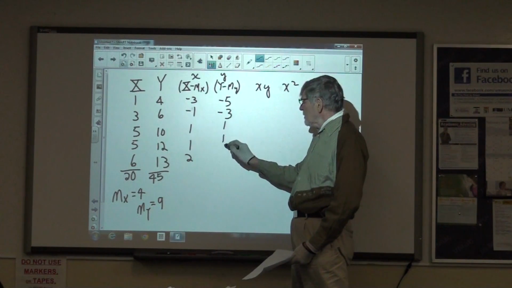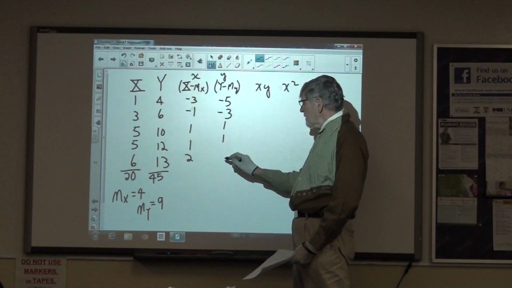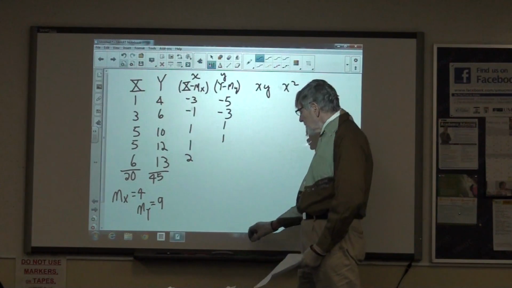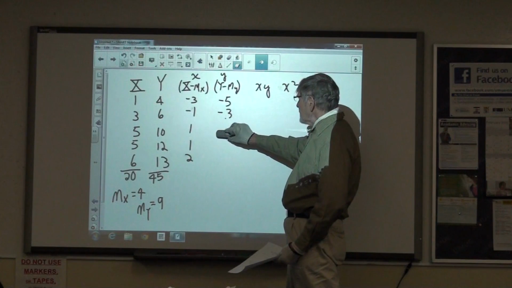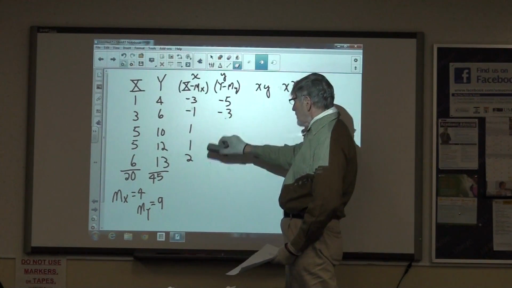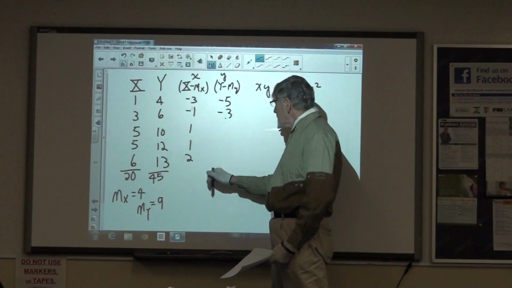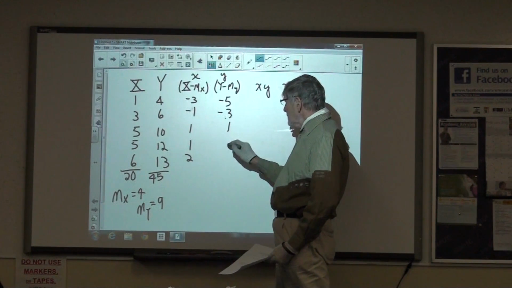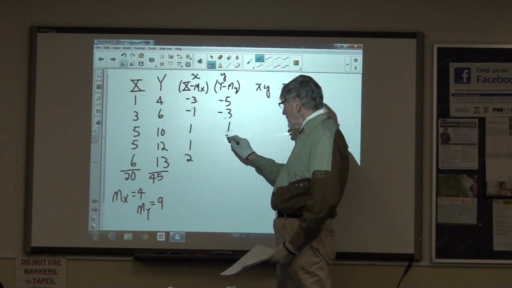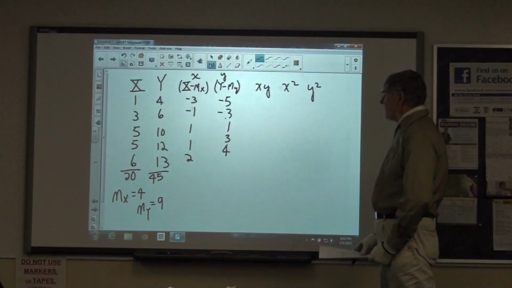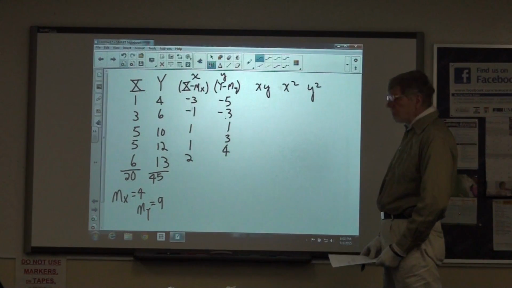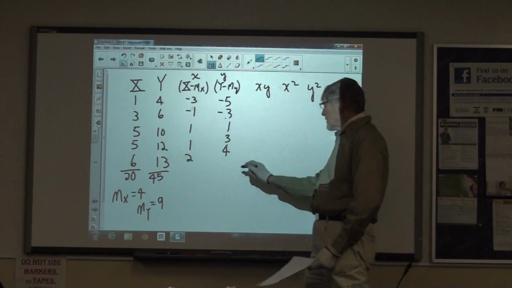Oh wait, that's not right, I'm in the wrong column. Let's redo these. So it's a 10 minus a 9, which is 1. 12 minus a 9 is a 3, and a 4. So if you sum these, do you get indeed the famous 0? Yes. They sum to 0, so that's just a check.